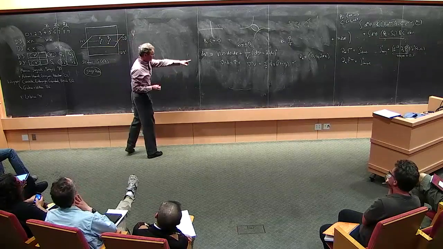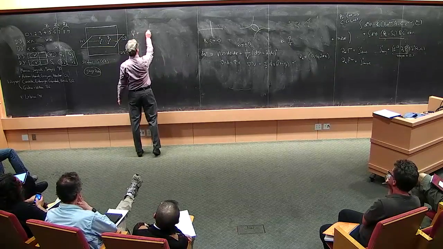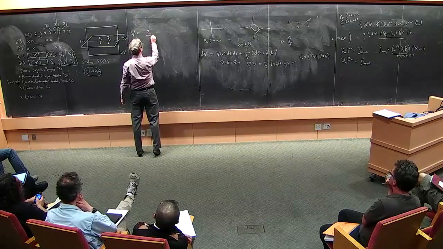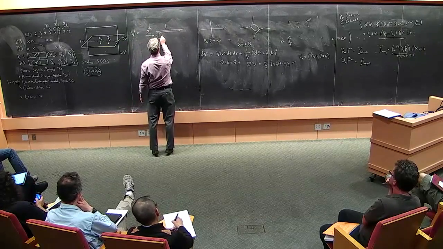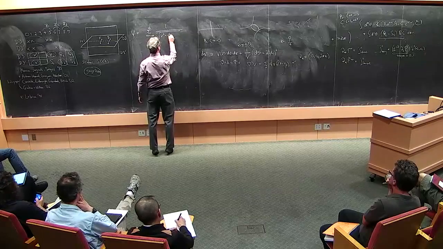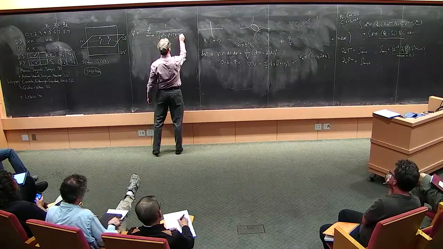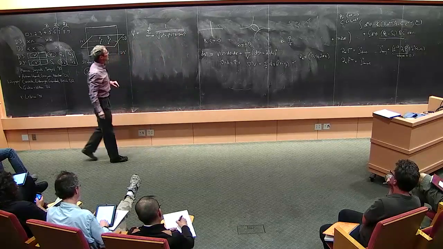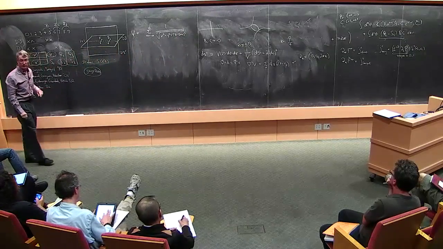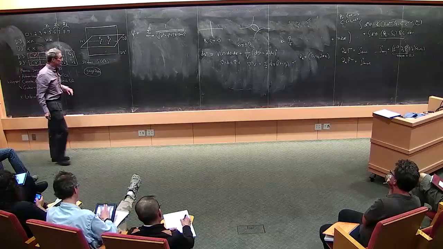So naively, this says that V is the sum from n equals minus infinity to infinity of 1 over the square root of x squared plus y squared plus (z minus 2 pi n) squared. But this sum diverges.